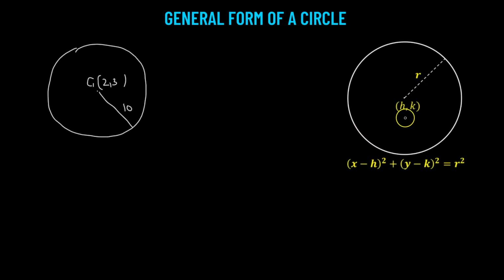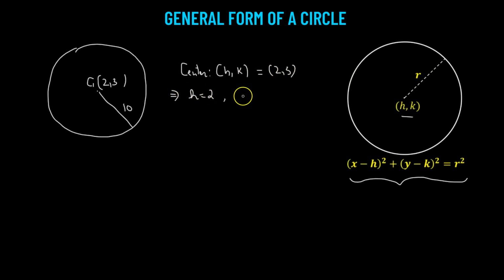We have a circle whose center is given by the coordinates (h, k) and radius r. The standard form of a circle is given by this equation: x minus h whole squared plus y minus k whole squared equals r squared. In our case, the center (h, k) has the value (2, 3). So h comes out to be 2 units and k comes out to be 3 units.